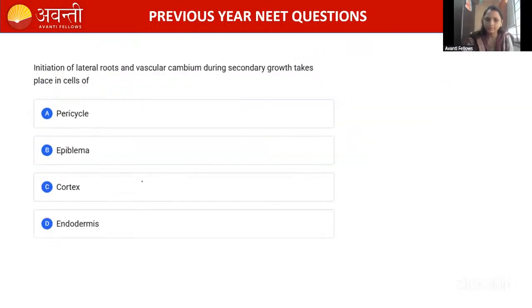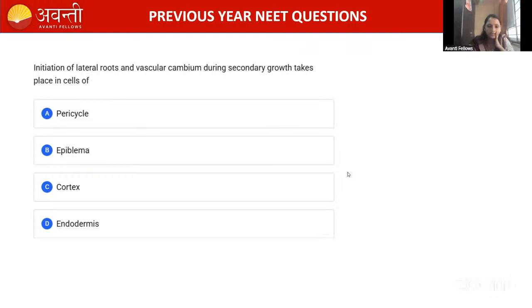The initiation of the lateral roots and the vascular cambium during secondary growth takes place in where? Option A, pericycle. Option B, epiblema. Option C, cortex. And option D, endodermis. I'm ending the poll.